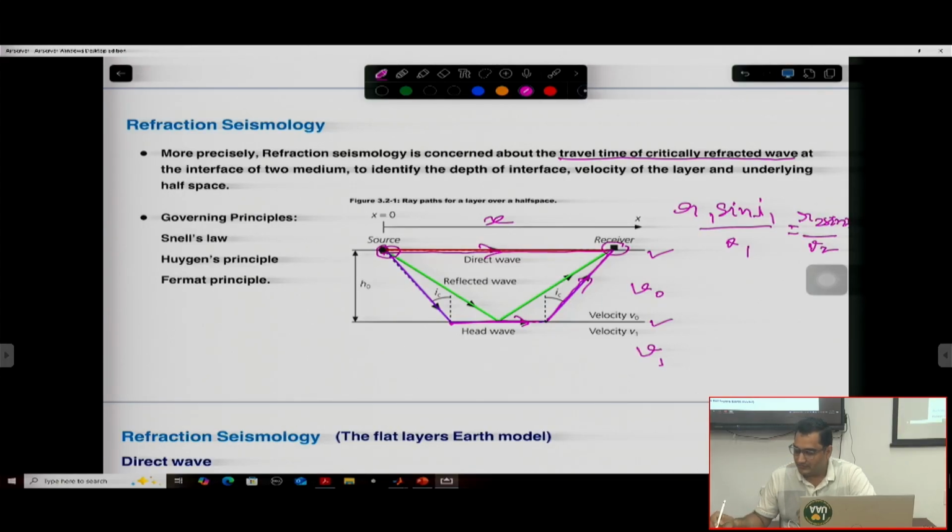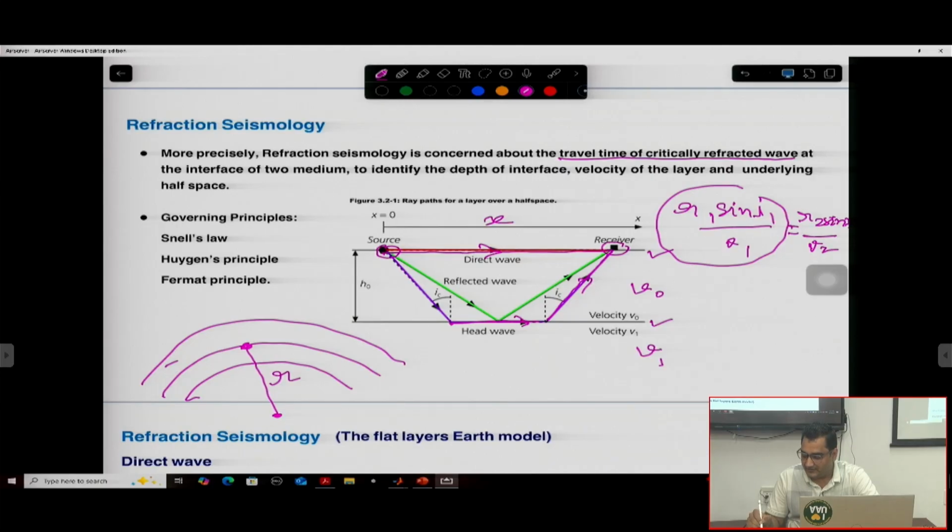Because we are going to use the flat layer geometry of the earth, this form of Snell's law is useful in case of a spherical earth, where you are dealing with large distances from the center of the earth. These things have been taught.